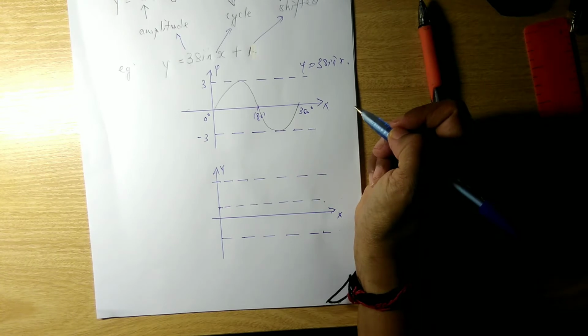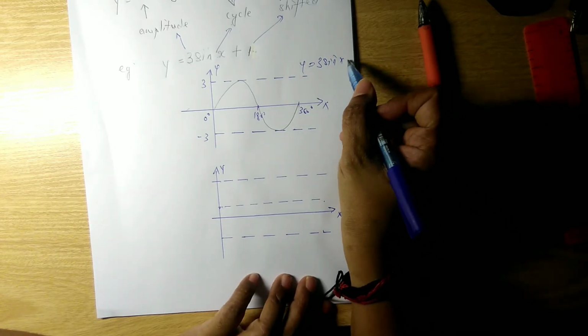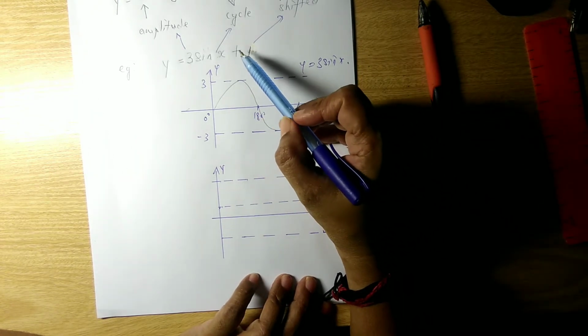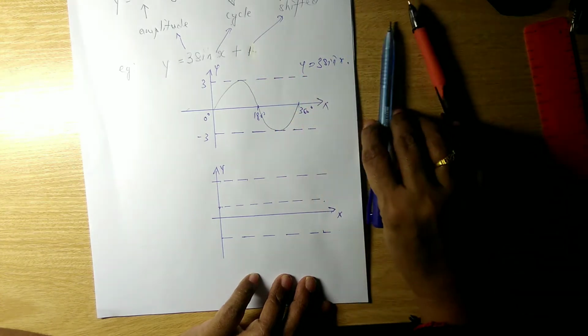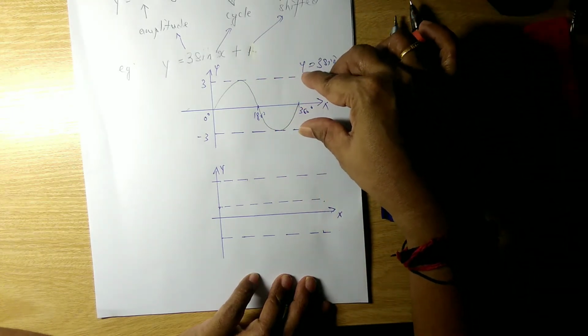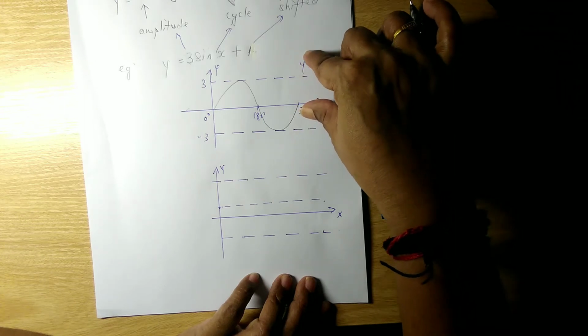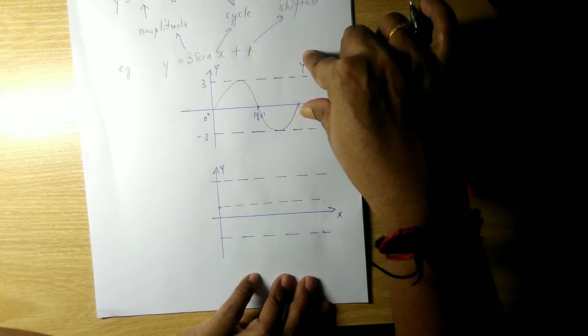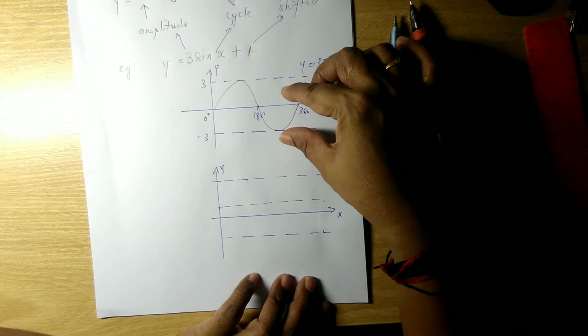Now this graph plus 1 means the original graph is shifted by 1. Positive 1 means the graph moves up 1 unit, so this entire graph is shifted up 1 unit.